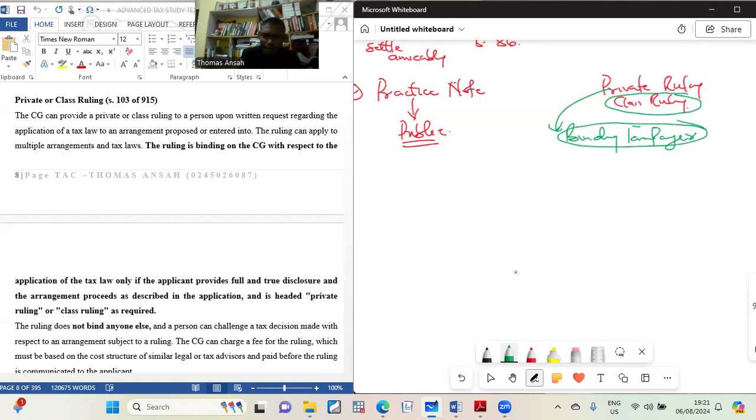Let me give you a typical example. Those of you who know this town, Kasoa. Is Kasoa in the Central Region, or is Kasoa in Greater Accra? Central Region. Kasoa is in the Central Region.